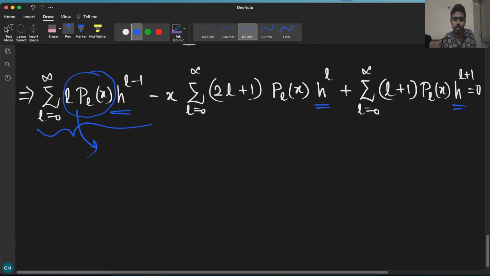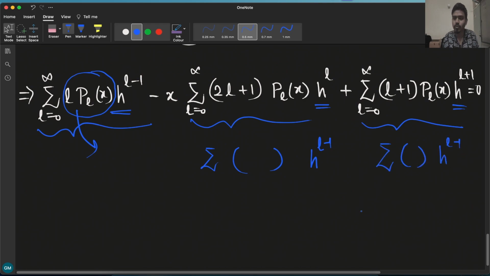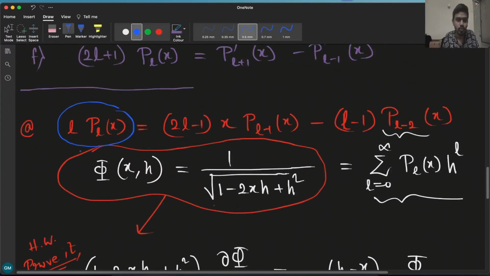Instead, for these two terms we will do the index shifting and write them as some factor times h to the power l minus 1, and then we can put them together. That's the idea. This term we will not touch because we already got it, this is what we need to prove.